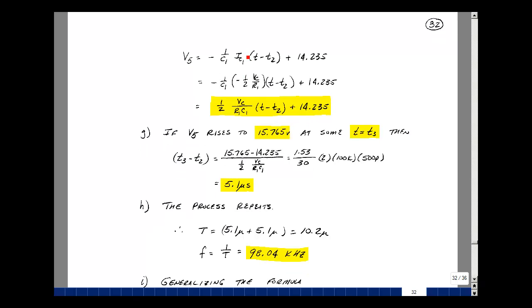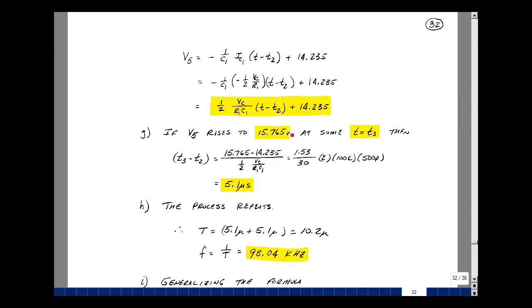Now the value of I sub C1 is what we found initially. It's minus 1/2 V sub C over R1. And now we can complete the calculation here. We've got plus 1/2 V sub C over R1 C1, t minus t2, and then now a plus 14.235. So now we're integrating back up again. How long does it take for this voltage to get to 15.765 volts from our start point of 14.235?